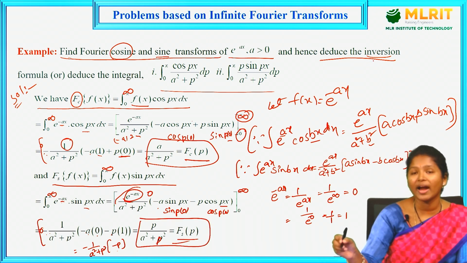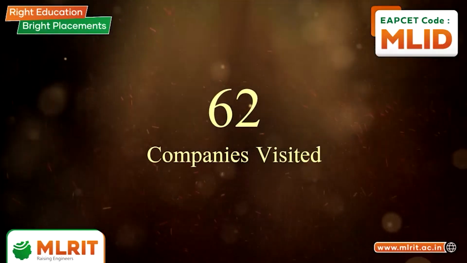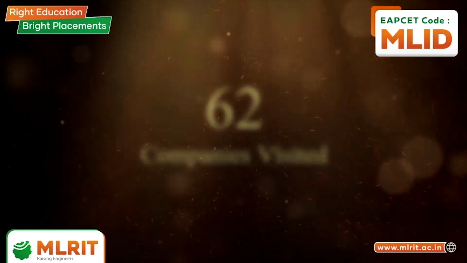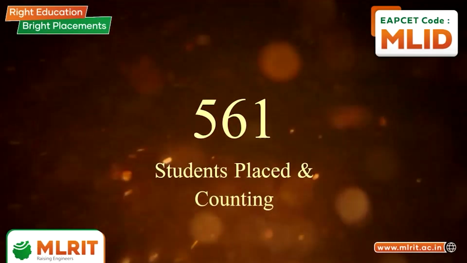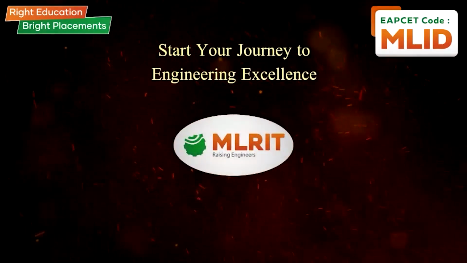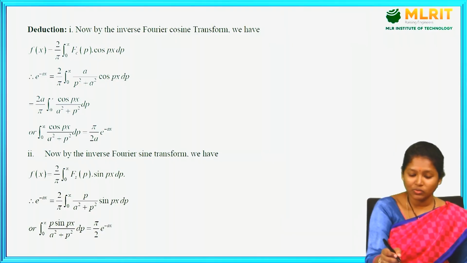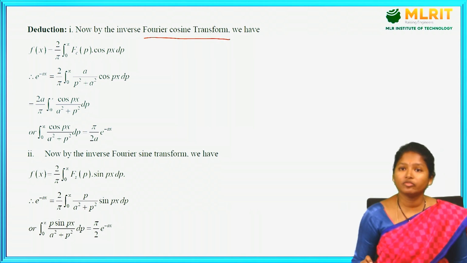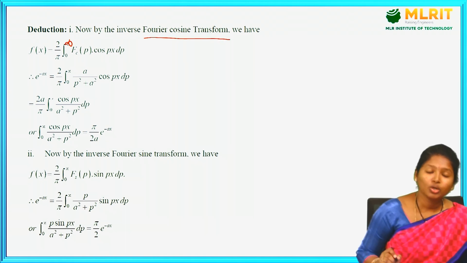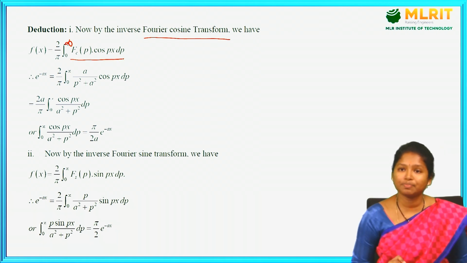Next we have to find the inversion, to deduce the integral. So now by the inverse Fourier cosine transform, the formula was f of x equal to 2 by pi integral 0 to infinity fc of p cos px dp.